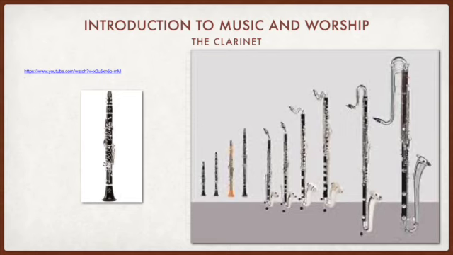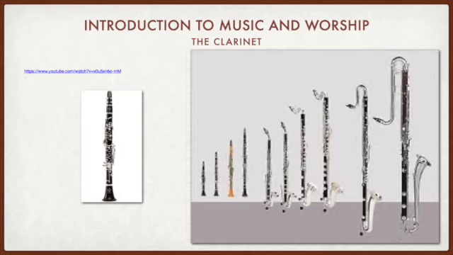In the late 1600s, keys were added to the chalumeau, extending its range and enabling it to play a wider variety of notes. Chalumeau is spelled as you see here. The bell was also enlarged, giving the instrument more volume.